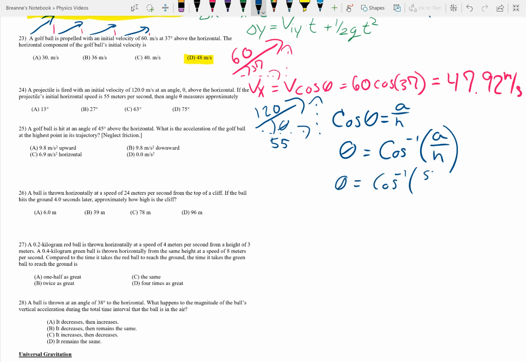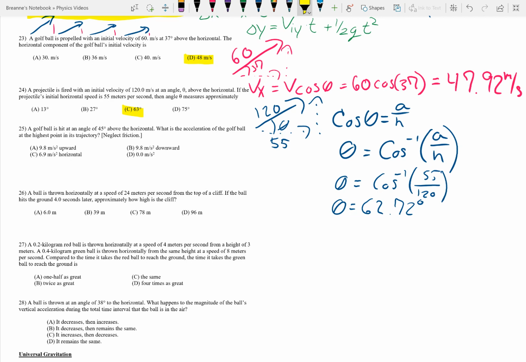Our adjacent is 55 and our hypotenuse is 120. So that's second cosine of 55 divided by 120. Handy dandy calculator gets you an angle of 62.72 degrees, so that would round up to about 63 degrees.